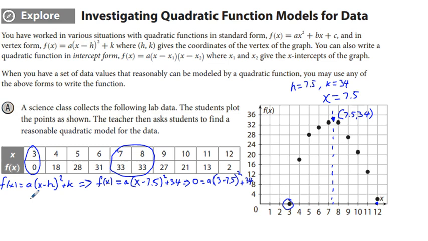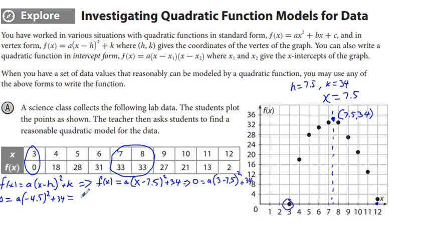We have 0 equals a times 3 minus 7.5, so that's negative 4.5 squared, plus 34.